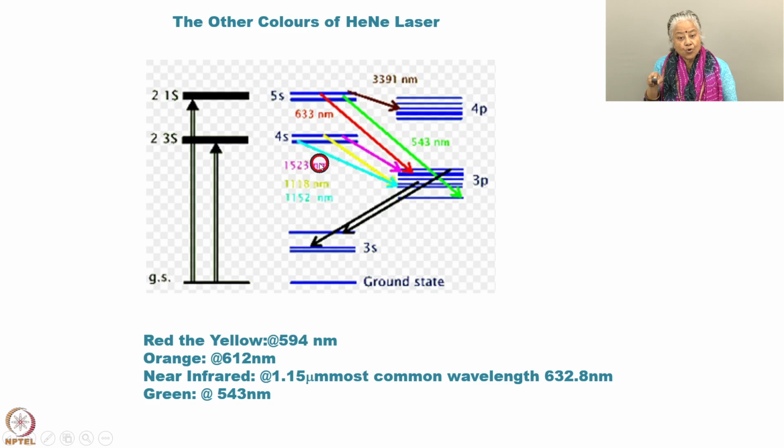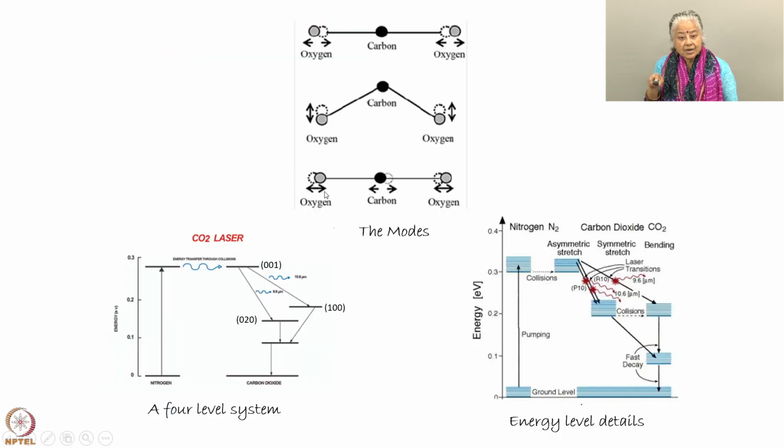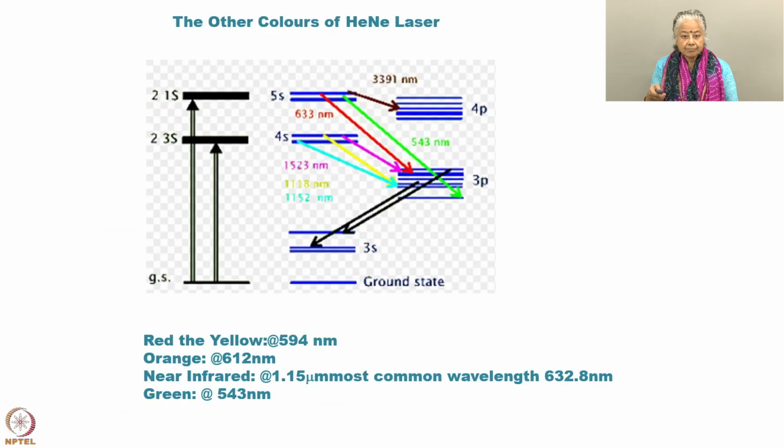Similarly, from the 4s level there are two more lines possible. So, you have a yellowish kind of line and a blue kind of line shown here, and the rest of it is of course the same. It relaxes back here and then relaxes back to the ground level.